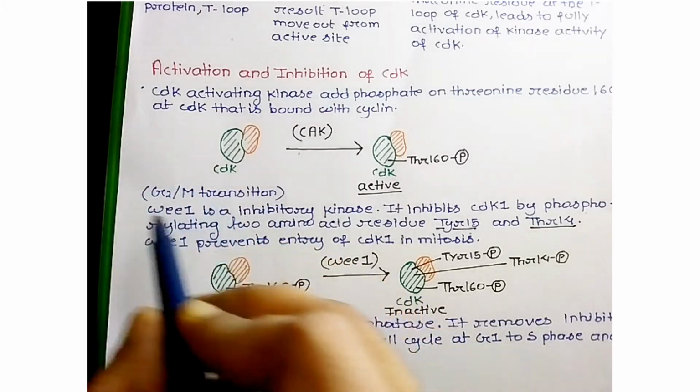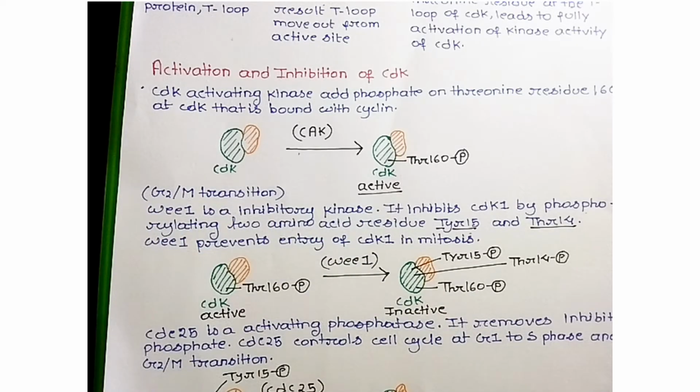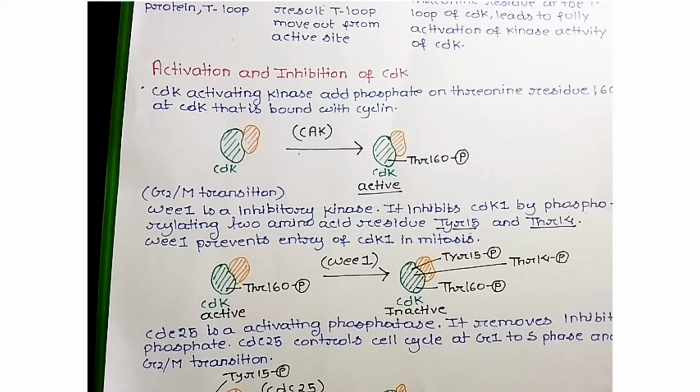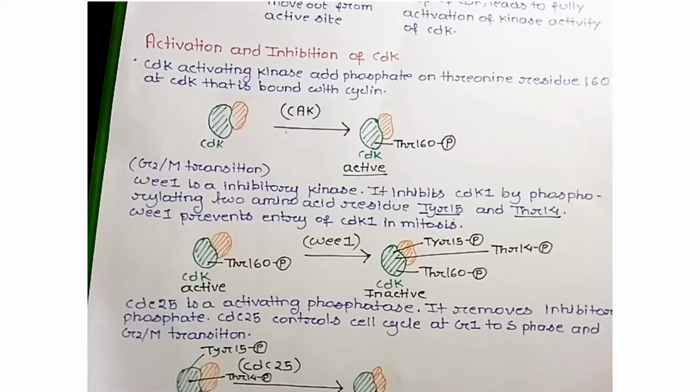It works at the G2/M transition. So if the cell shows any damage or does not fulfill the criteria, the cell blocks in G2 phase and does not enter into the M phase. This protein plays a very important role in the blockage of cell cycle progression in G2.